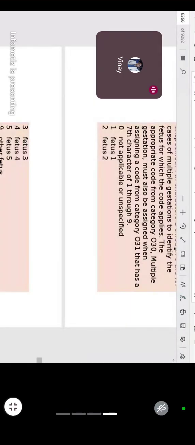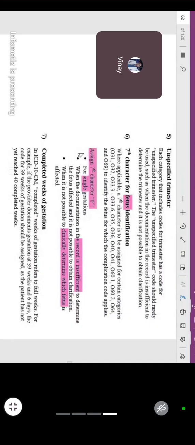See, here it is not documented for single gestation or something. So in any situation where you come to this kind of code where the 7th character identifies the fetus, you will not see this here, but you have to recall that I have a guideline in a chapter that 0 is for single gestation. Okay, so done then.